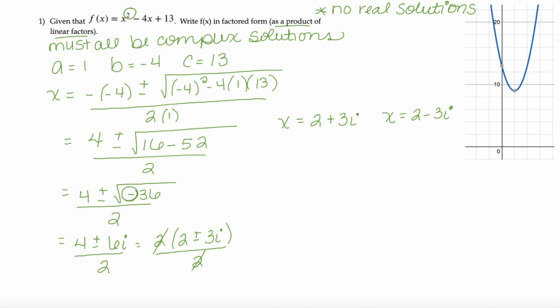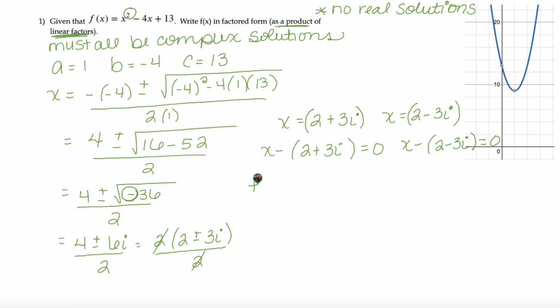But it's asking us to write it as a product of factors. To do that, I can subtract everything in my parentheses over to the other side. Therefore, x minus (2 plus 3i) is equal to 0, and x minus (2 minus 3i) is equal to 0.